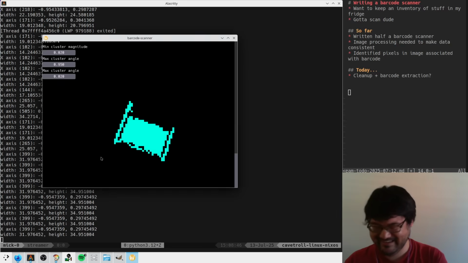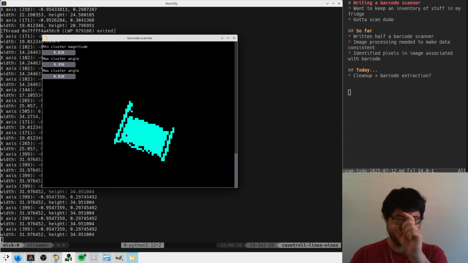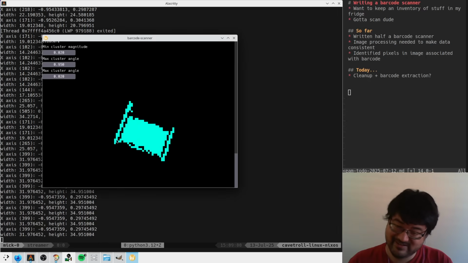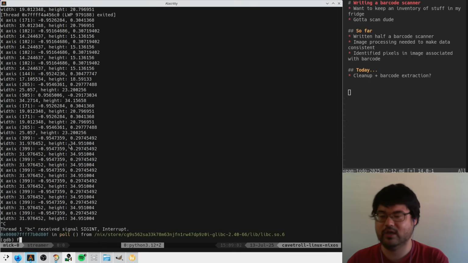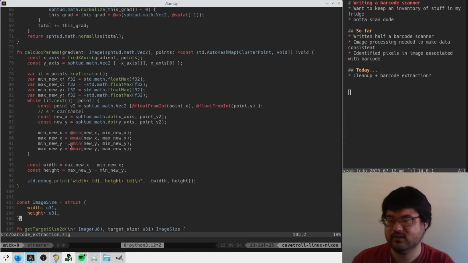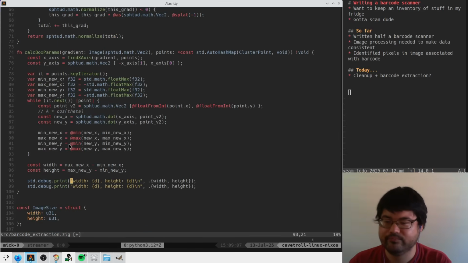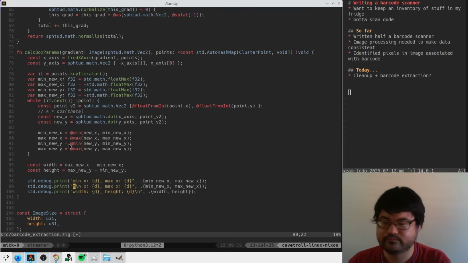I'm trying to use my fingers to look at if I think that this height is correct. I guess we could also look at the min maxes. That might be interesting information. Min x, max x. I think we do y's here.